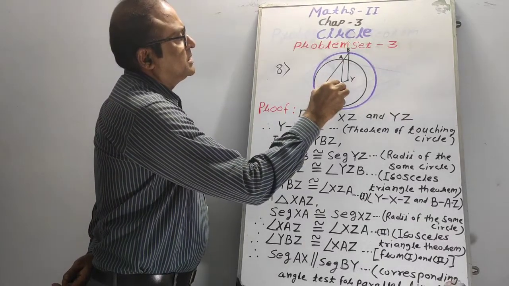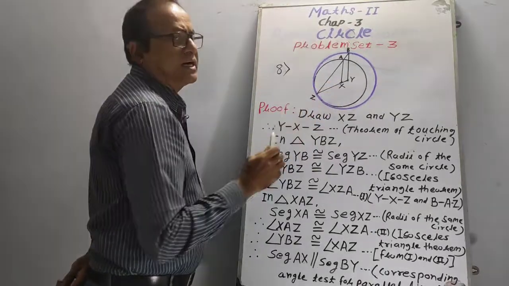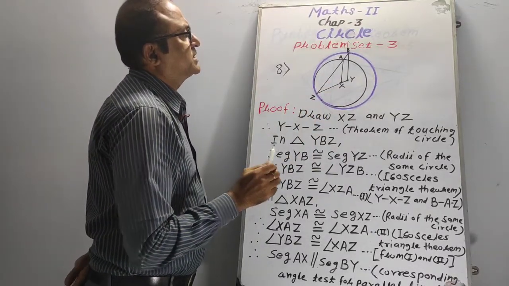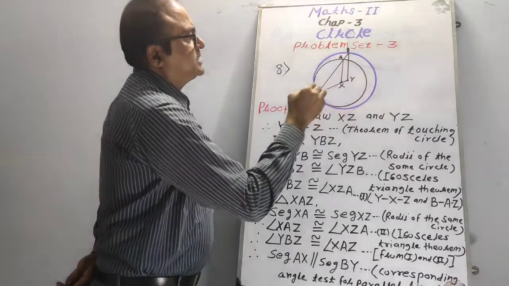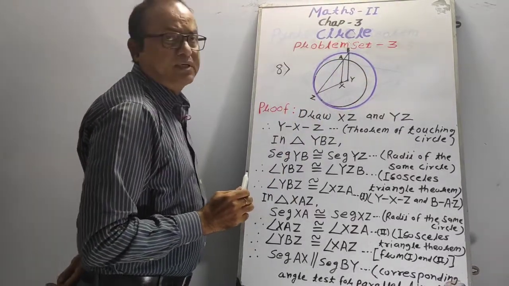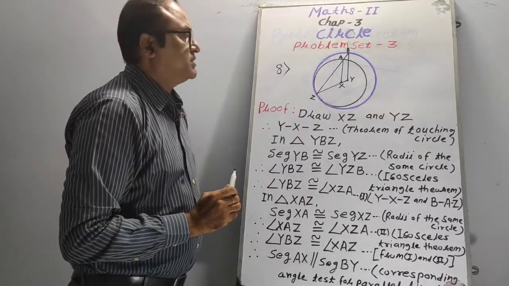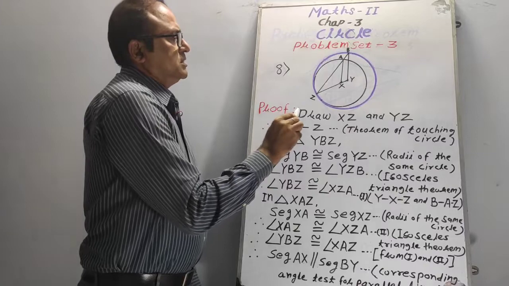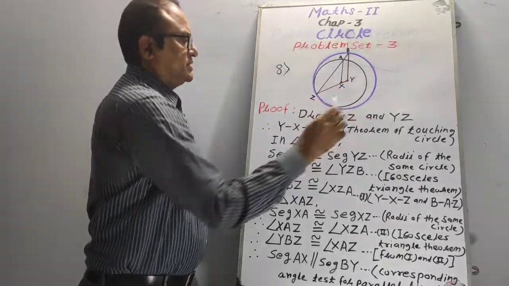In the small circle, XA and XZ are radii of the same circle, and in the bigger circle, YB and YZ are radii of the same circle, and both radii are equal. Let's see. Draw seg XZ and YZ.